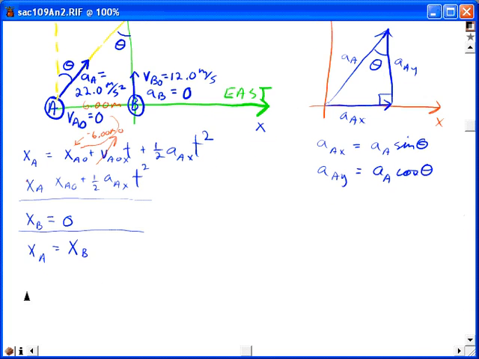So I get an equation: x_A, we said, is x_A0 plus 1/2 a_Ax t squared. I'll copy that down. That's got to be equal to x_B, which is just 0 for all time. That gives you the x component of the position of particle B at any time.